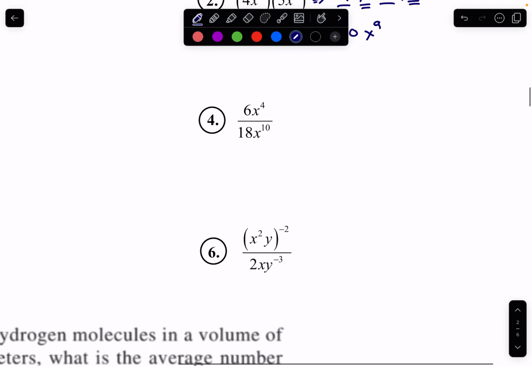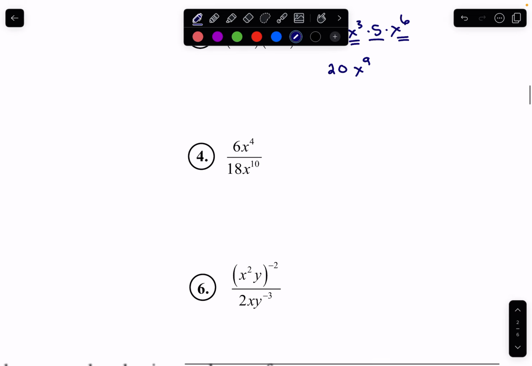All right. If I go down below to number 4, no exponents on the outside of parentheses, no negatives. All I've got is some quotient rule stuff. So I'm going to start with 6 over 18 because I graduated middle school and I know that 6 over 18 simplifies to be 1 over 3.